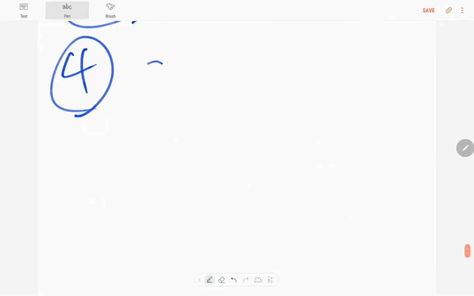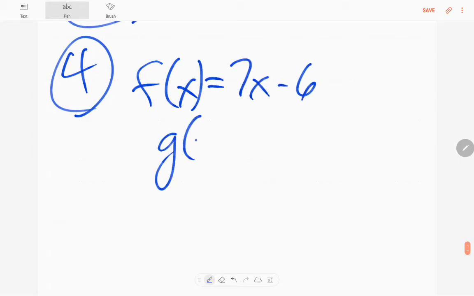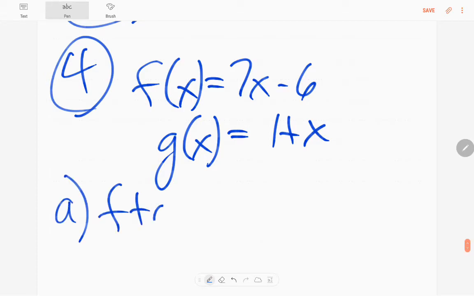All right, let's do this one. f of x is equal to 7x minus 6. g of x is equal to 1 plus x. And this is the one where we're supposed to find the sum, difference, product, and quotient. So let's start off with f plus g of x.